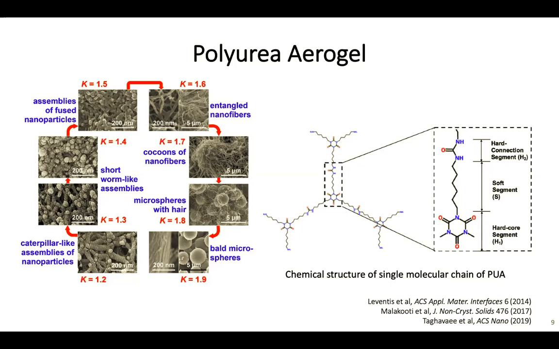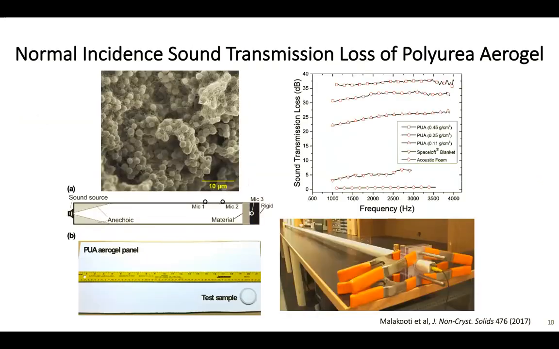This is why we did sound transmission loss measurements on this sample. This is exactly the sample we used for the measurements. In this experiment, you have a long tube made of polyurethane. The sample is attached at the end of the tube, and we have three microphones and a speaker. You measure the sound pressure levels at the microphone positions, and from that you can measure the sound transmission loss.